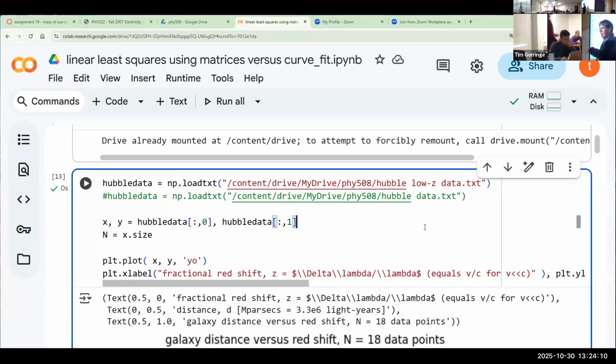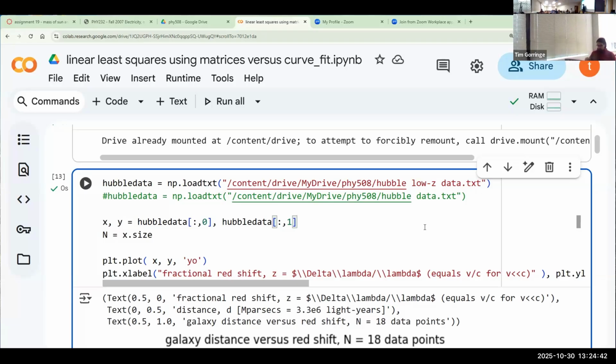But my data was in a very simple format: just two columns, the distance to the stars and the redshift of the starlight. So I read the data into Hubble data. It's an array with two columns. I'll slice out the first column as my X variable, and the second column as my Y variable.